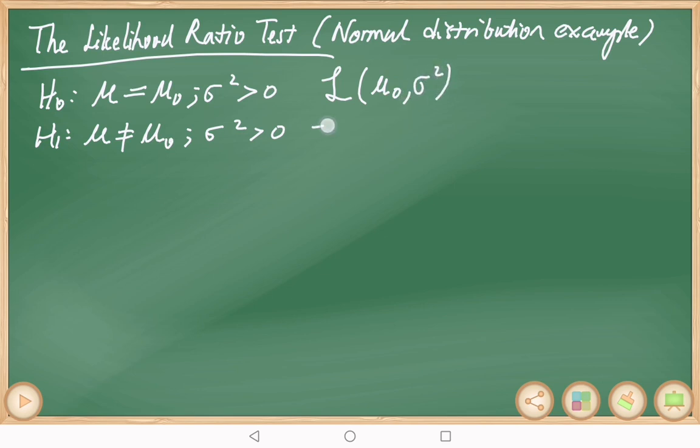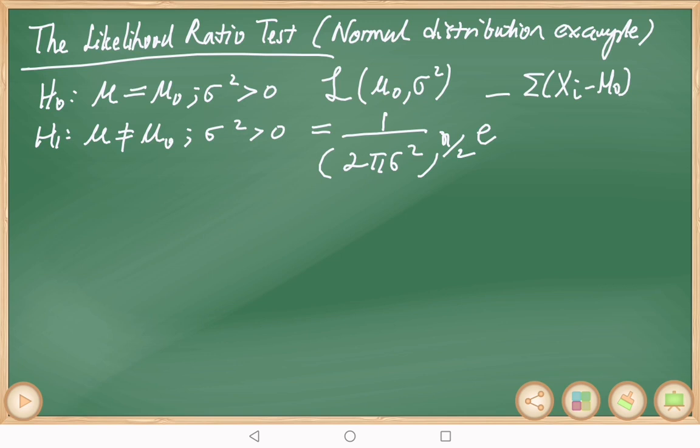So our likelihood function is given by (1 over 2 pi sigma square) to the power n over 2, times exponential of minus summation xi minus mu naught squared, because mu has been specified, over 2 sigma square. And we want to maximize this likelihood function under the null hypothesis in order to find the maximum likelihood estimator of sigma square under this null hypothesis.